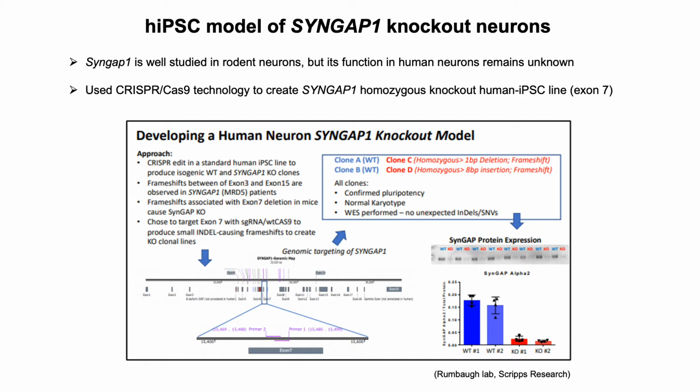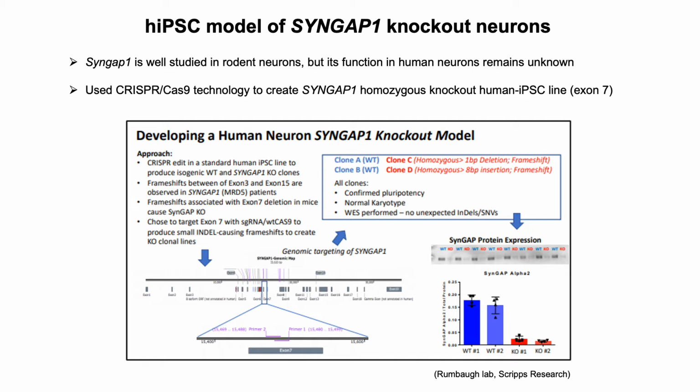Also, in the rodent models, SYNGAP deletion has been shown to cause SYNGAP protein disruption. So they created two homozygous edited SYNGAP knockout clones along with their unedited isogenic wild type using a standard human iPSC line to produce these clones.